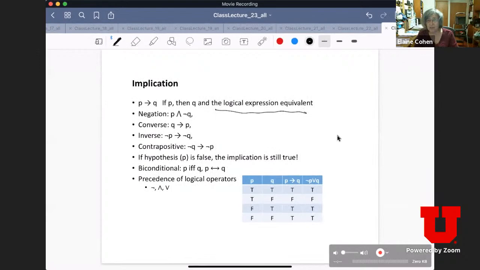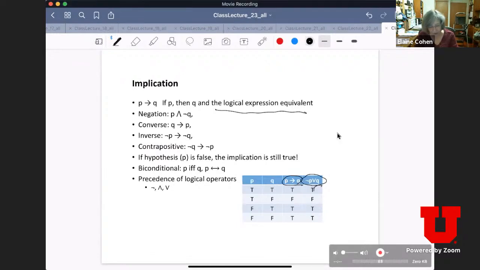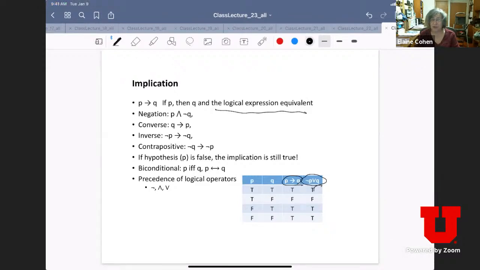The truth table for not P or Q is the same as the truth table for P implies Q. That means that they are logically equivalent. You can replace one with the other. Remember, negation of it is P and not Q. So negation is not an implication. It's a logical expression.